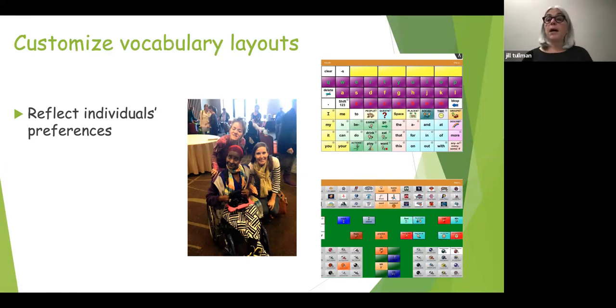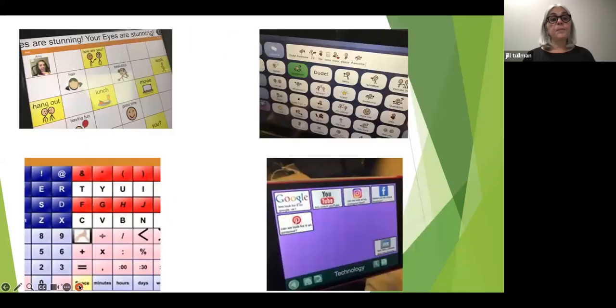She is all about the NFL, so in the bottom picture, she has added all of the football teams and color-coded them, and up top is basketball, and this is her keyboard. She wanted to make everything purple, so go for it, right?